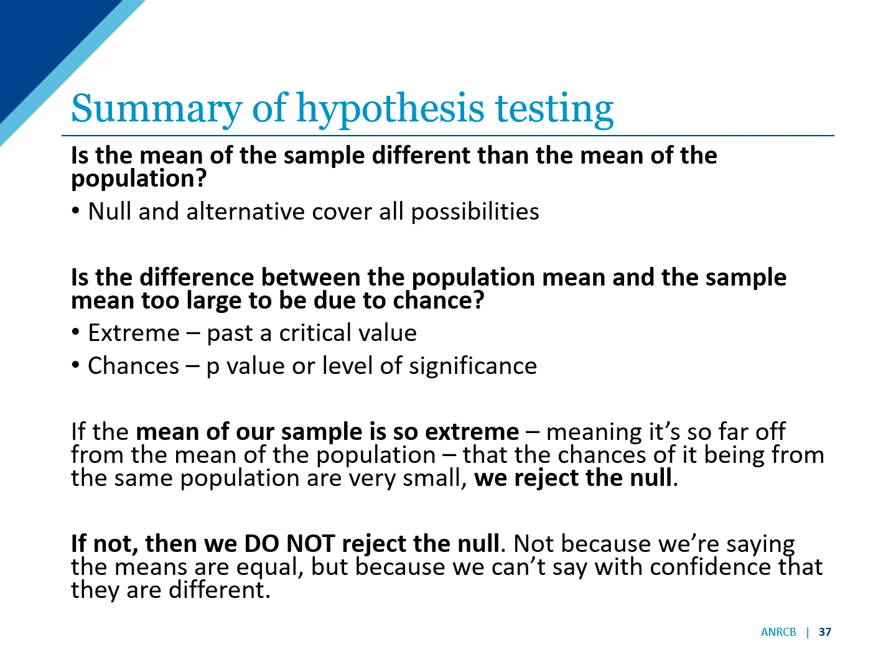If the mean of our sample is so extreme, meaning it's so far off from the mean of the population, that the chances of it being from the same population are very small, we reject the null. If not, then we do not reject the null, not because we're saying the means are equal, but because we can't say with confidence that they are different. And this applies not only to means, but also to our measures of association, like our relative risk and our odds ratios.